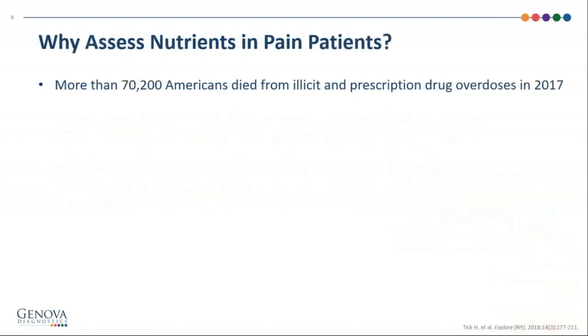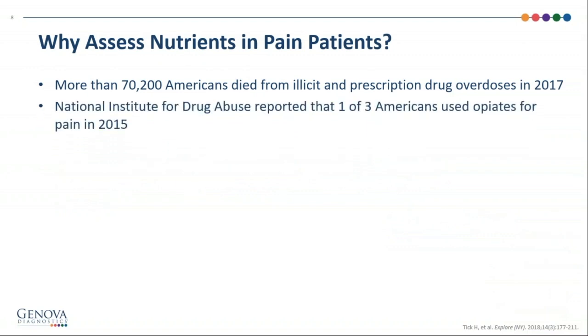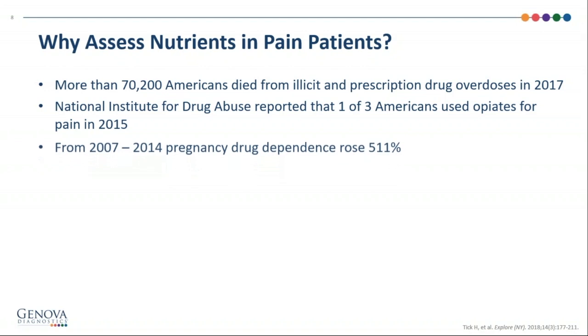And so why would we assess nutrients in pain patients? Well, it turns out that more than 70,000 Americans died from illicit and prescription drug overdoses in 2017. And the National Institute on Drug Abuse actually tells us, at least back in 2015, that 1 out of 3 Americans used opiates for pain, and that's a really high number. In 2007 to 2014, the pregnancy drug dependency rate rose 511%.